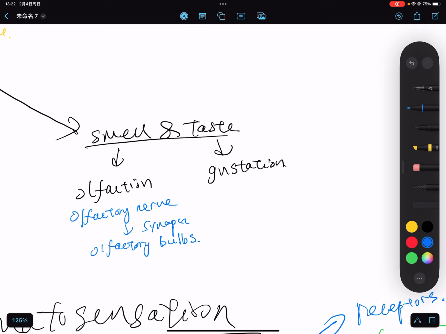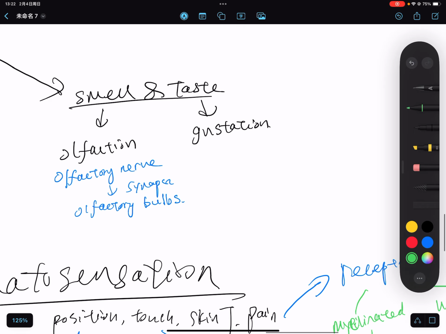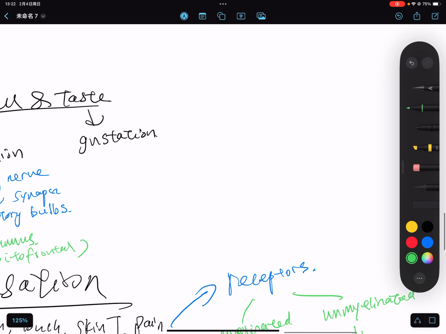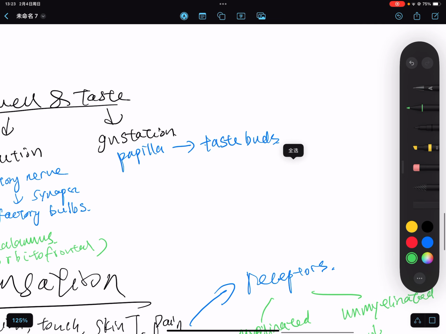The olfactory cortex is connected with the thalamus, which in turn connects with the orbitofrontal cortex. For gustation, we have a structure called the papilla. A papilla contains 1 to 100 taste buds, and gustation is connected with the medulla.